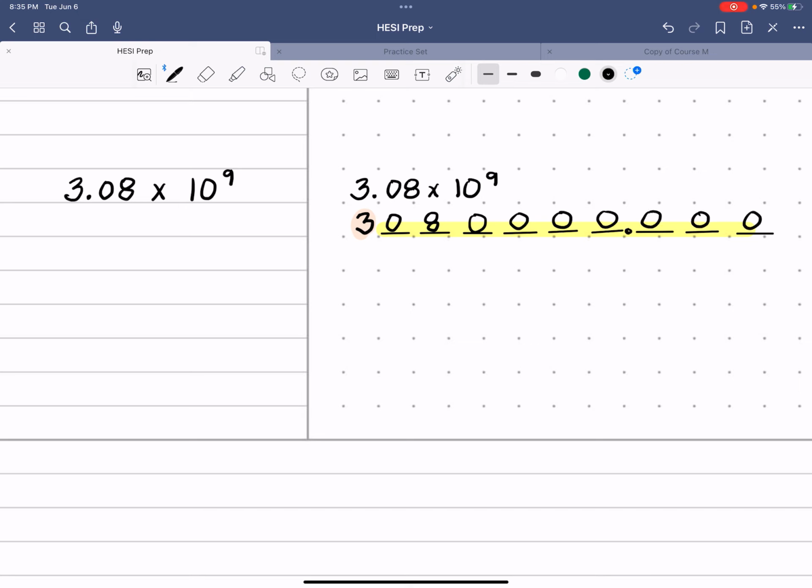Put your commas in. And you end up with units, thousands, millions, billions. So this is 3 billion with a B. Then there's a comma. 80 in the millions section. And then zeros the rest of the way. So 3 billion, 80 million.